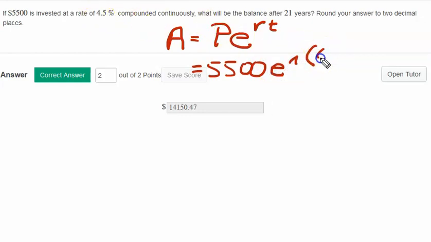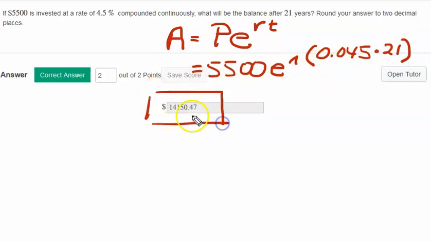Our rate is 0.045 times 21 years. Put that in your calculator, and you should get this rounded to the nearest cent. Again, part of it is knowing how to use your calculator.